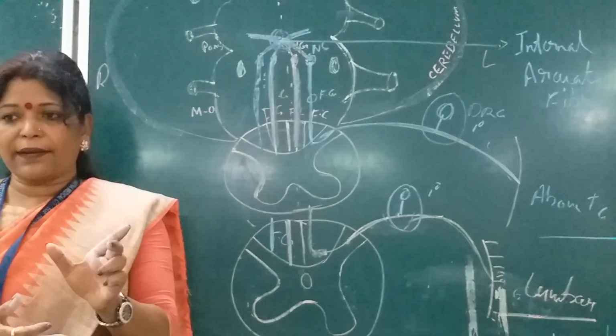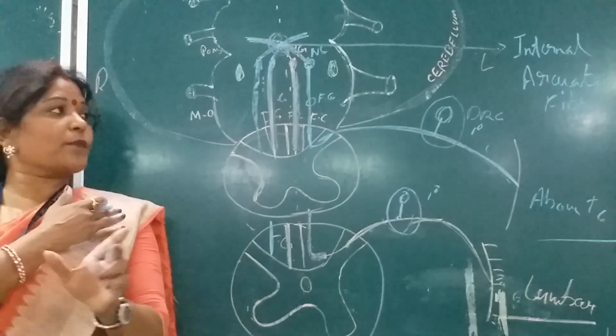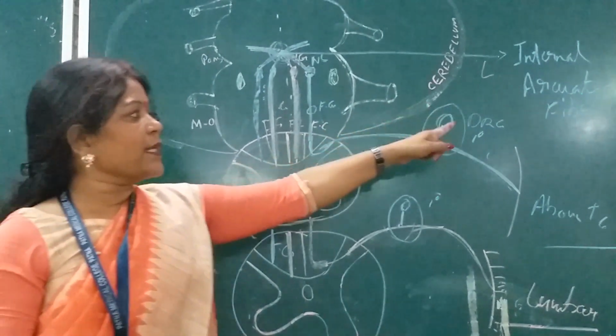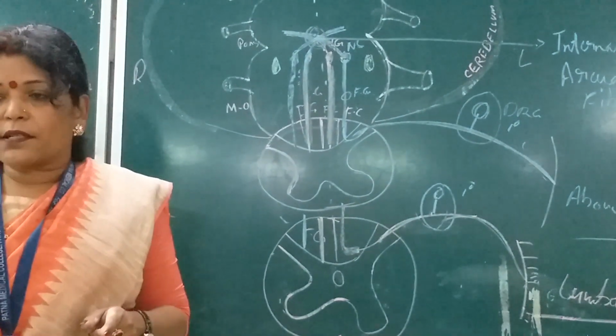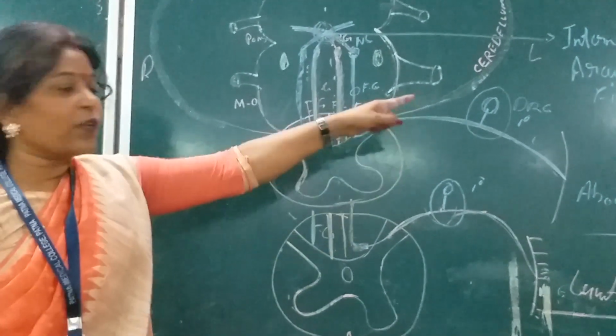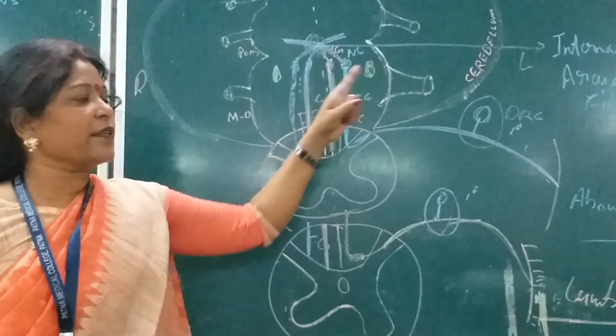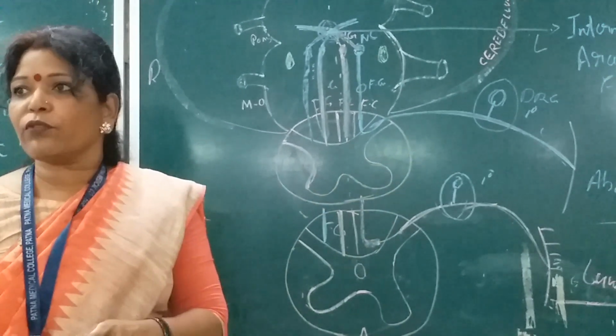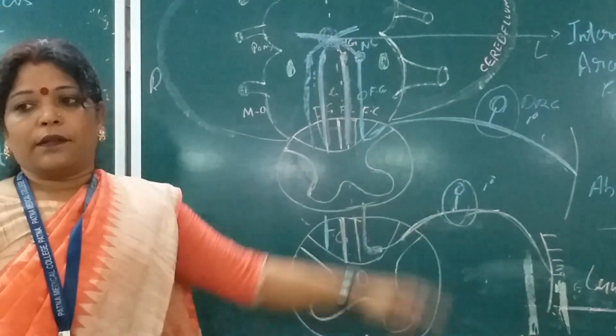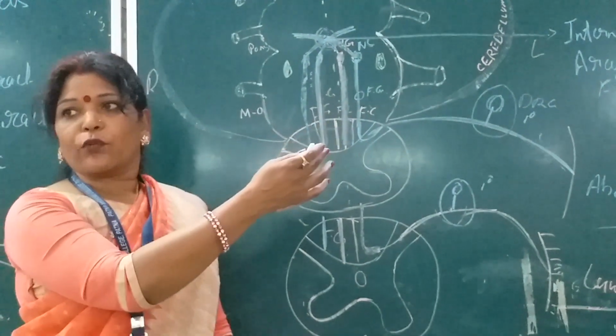The pyramid is on the ventral aspect, and on the posterior aspect these fibers are the internal arcuate fibers. There must be external arcuate fibers also, because this is anatomy. Once I say internal arcuate fibers, you have to find out the external arcuate fibers. We will discuss the external arcuate fibers later.